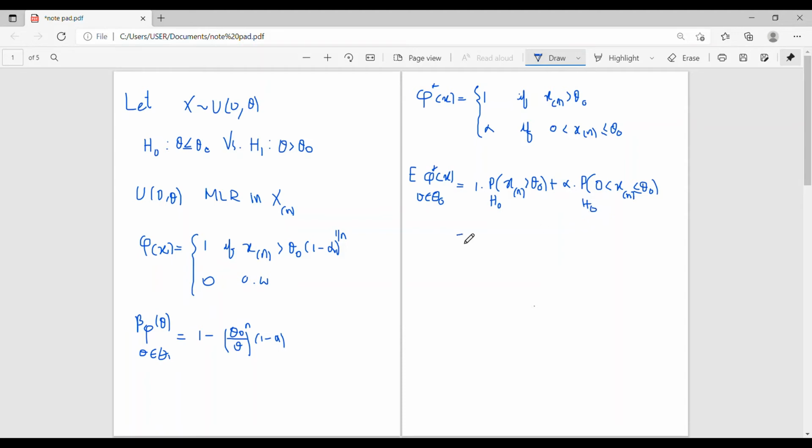Under H naught the value of theta is less than or equal to theta naught.